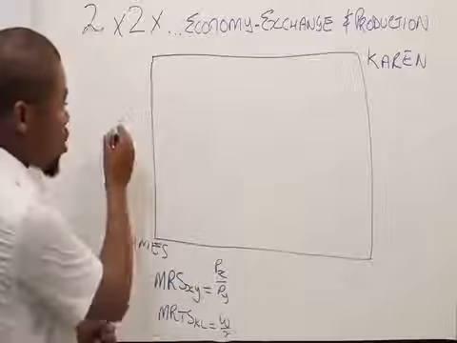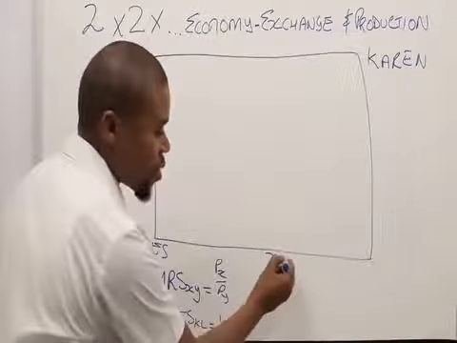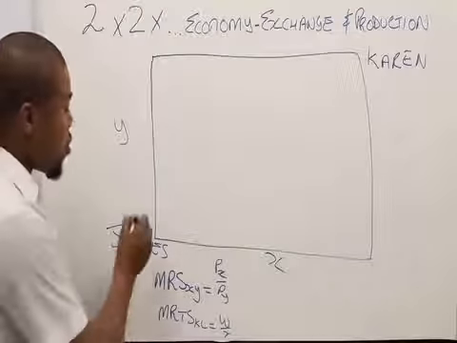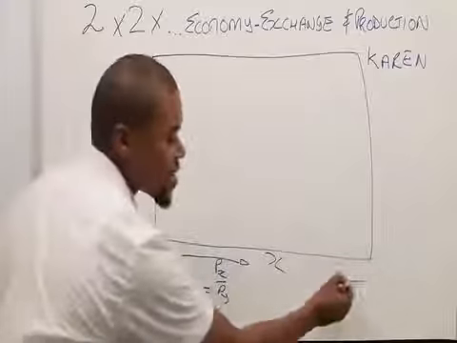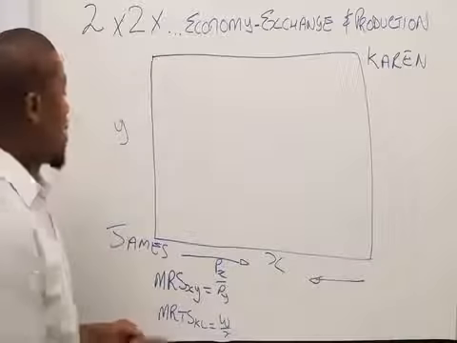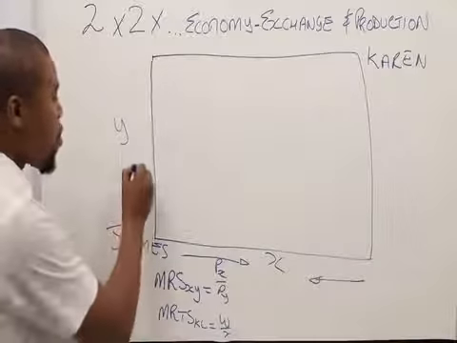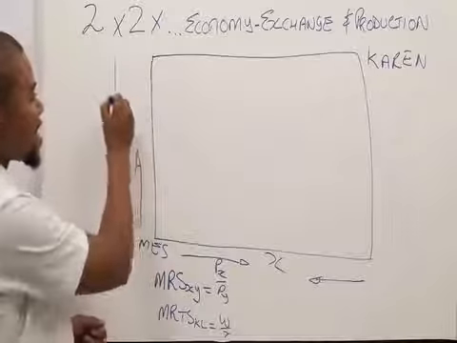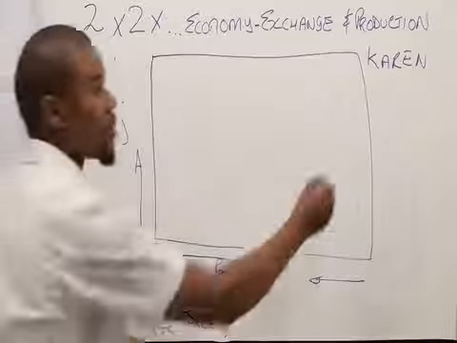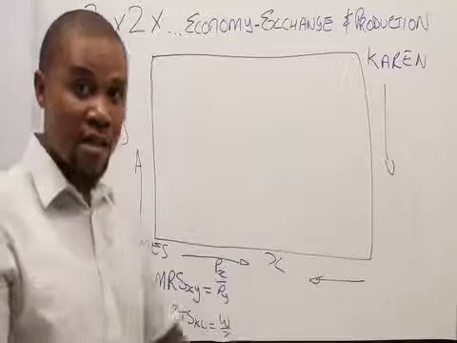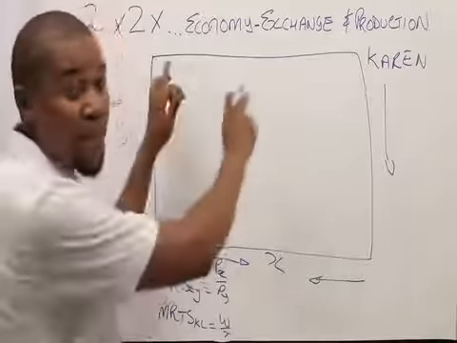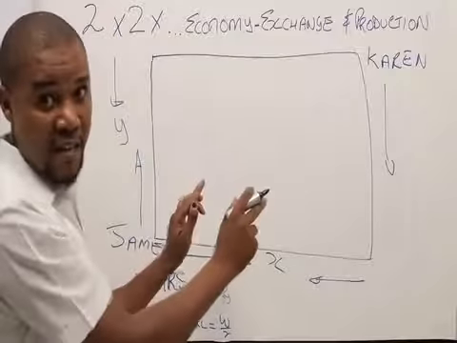So if this was good Y and that was good X, when James consumes more of X, there's less available for Karen. And when James consumes more of Y, there's less available for Karen. So they are consuming the same resources, and these are finite. And that's what the box really represents.